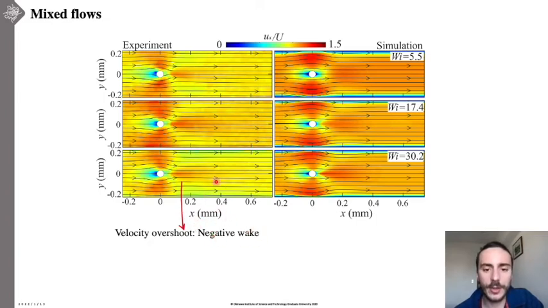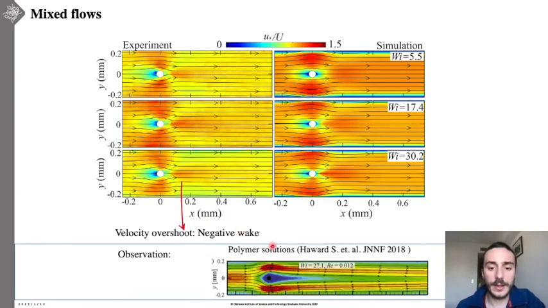This is a phenomenon that is not what is expected in a Newtonian fluid. Just to make sure it's clear, the velocity at the rear pole of the cylinder accelerates and then slightly decelerates and attains its stable value over here.